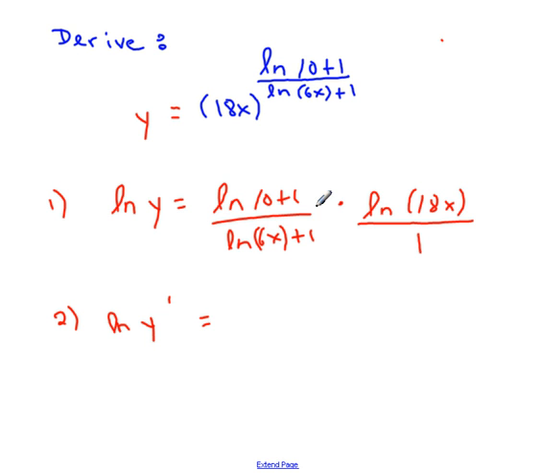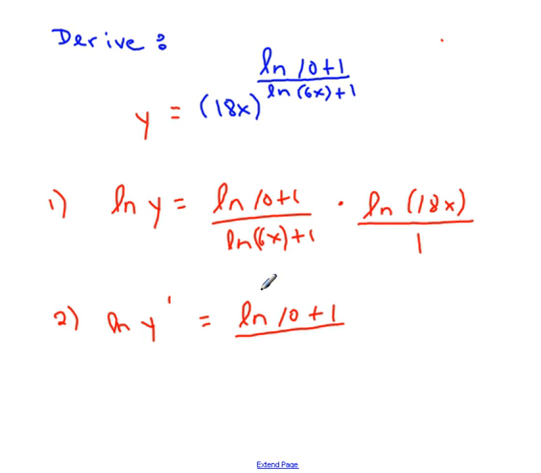Now remember, ln 10 plus 1 is nothing more than if I had, say, the number 10 here, or 5. When you do derivatives of integers, you don't touch them. So you will leave this as ln 10 plus 1, because you do not derive numbers. You leave them separately. Divided by the ln 6x plus 1, you can derive 6x.